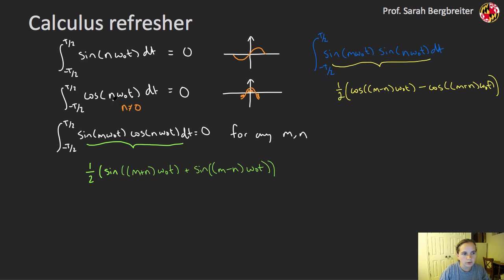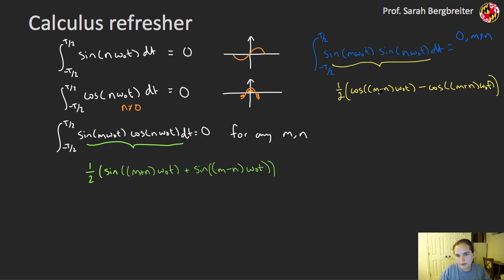And I already showed over here that if I'm taking the integral of a cosine over that period of a non-zero n right here, I'm going to get 0. So this whole term here is going to be equal to 0 when m is not equal to n.